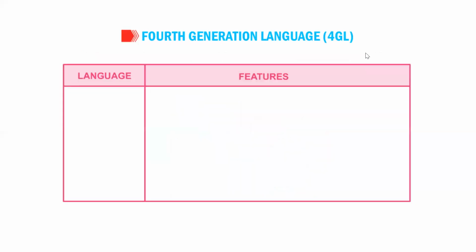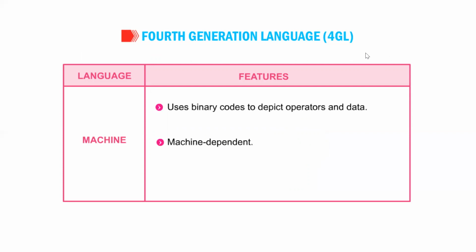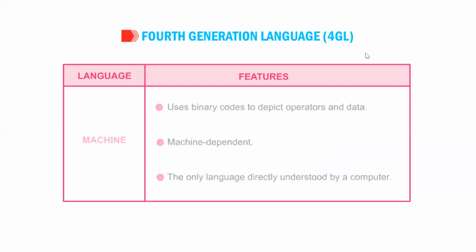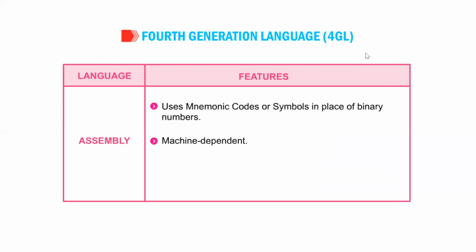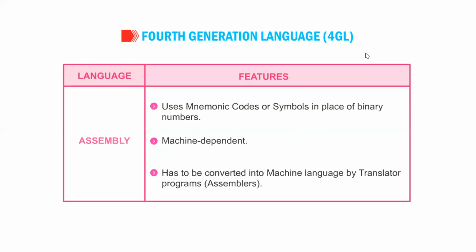Now, let us briefly sum up about computer languages and their features. Machine: uses binary codes to depict operators and data. Machine dependent, the only language directly understood by a computer. Assembly: uses mnemonic codes or symbols in place of binary numbers. Machine dependent, has to be converted into machine language by translator programs, assemblers.